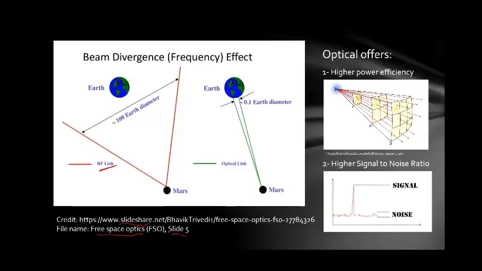So if we use an RF link, the one to the right, we expect that the wave we are propagating will go to a much higher distance than the Earth's diameter, roughly 100 times the diameter of Earth if we are sending the wave from the planet Mars. On the other hand, if we use the optical transmitting antenna here, it's really very focused. So even though it will go through all this large distance, it will be focused on this area only.